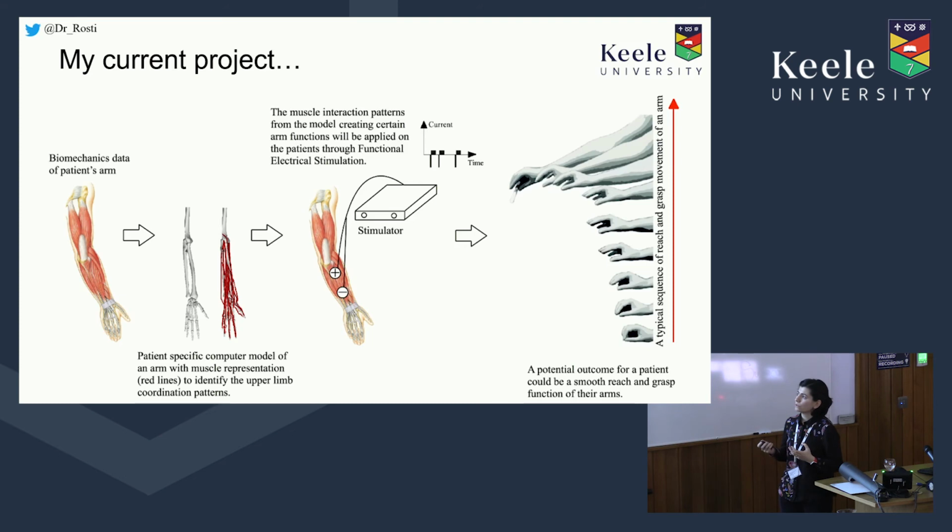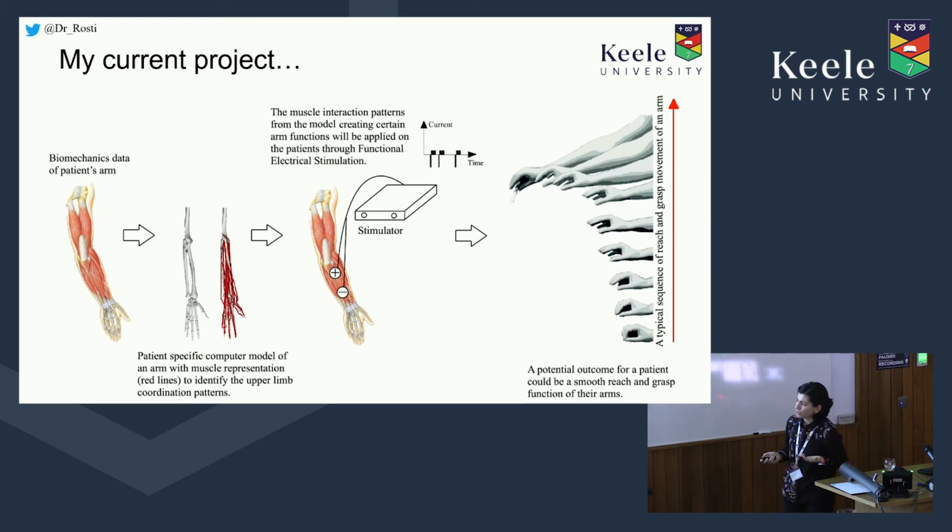To summarize, my current project is looking at how to optimize the use of an existing device in patients who have spinal cord injuries and can't move their arms. So use this device that already exists, but use it better so that people can use it to move their hands and be more independent.